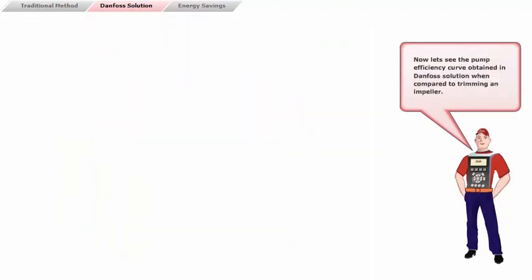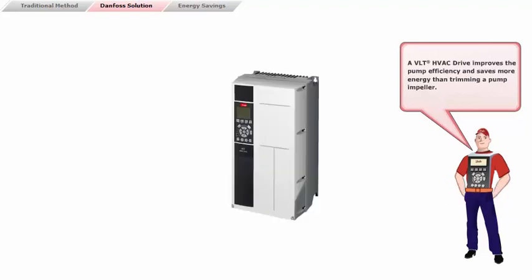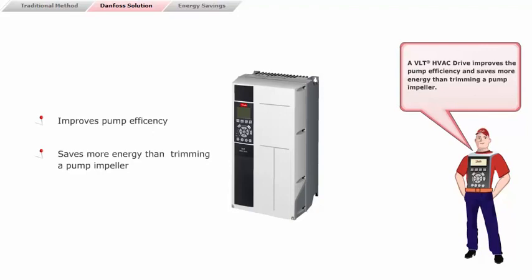Now, let's see the pump efficiency curve obtained in the Danfoss solution when compared to trimming an impeller. A VLT HVAC drive improves the pump efficiency and saves more energy than trimming a pump impeller.